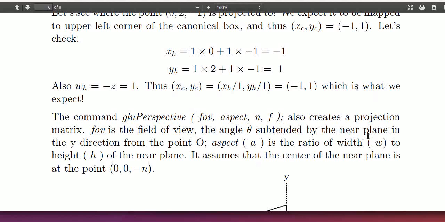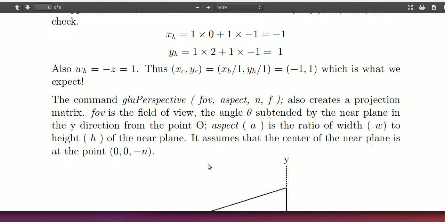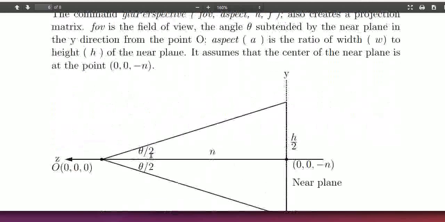This W is not the homogeneous coordinates. It represents width, okay? And height is H, okay, of the near plane. Okay? It assumes that the center of the near plane is at the point 0, 0, minus n. Okay? So the z-axis passes through the center of the near plane.